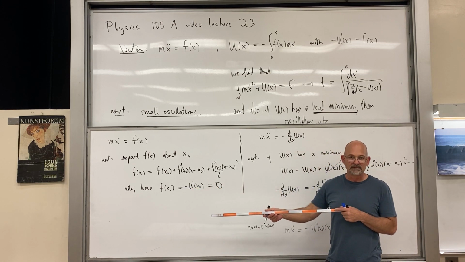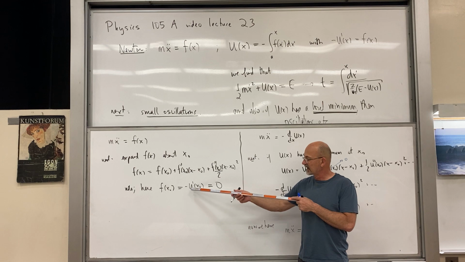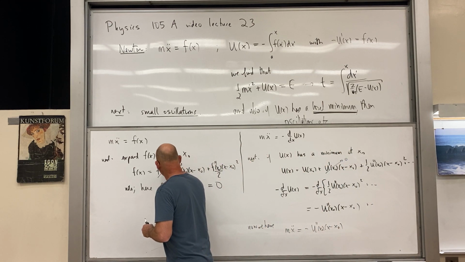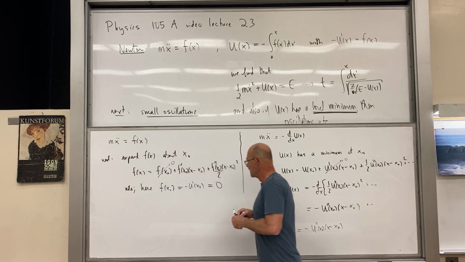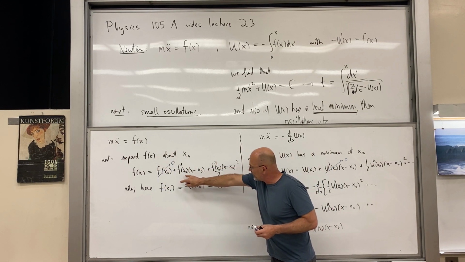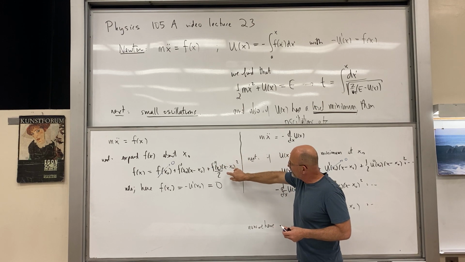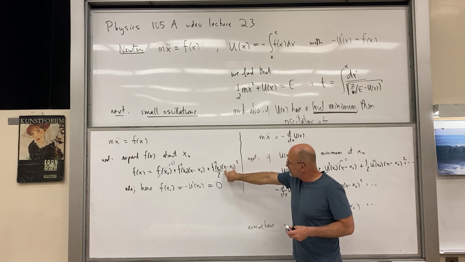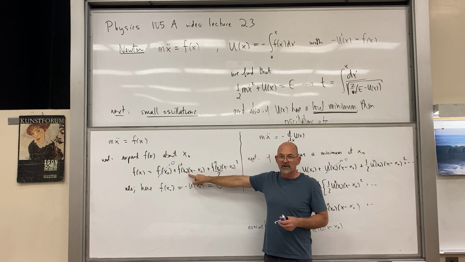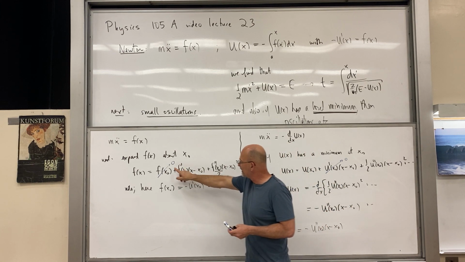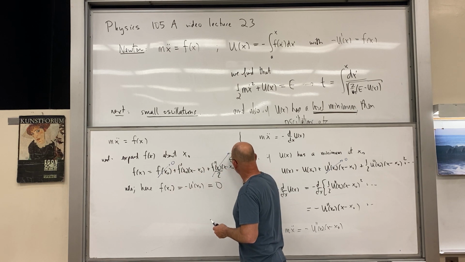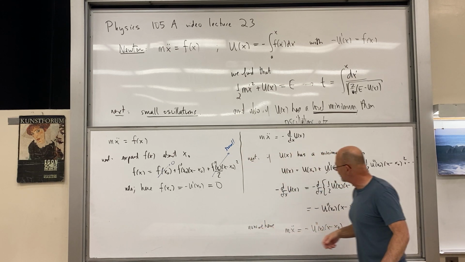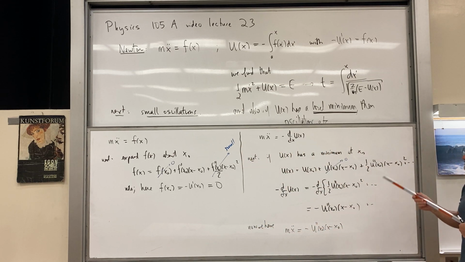An equilibrium point. Okay. So f of x0 is 0. I'll go ahead and strike this. And since we're doing small oscillations, this second derivative part, for small x minus x0, is much, much smaller. Okay. So this is literally 0. This, we're just going to say small. Okay. This corresponds to the terms that we didn't even write down up here.